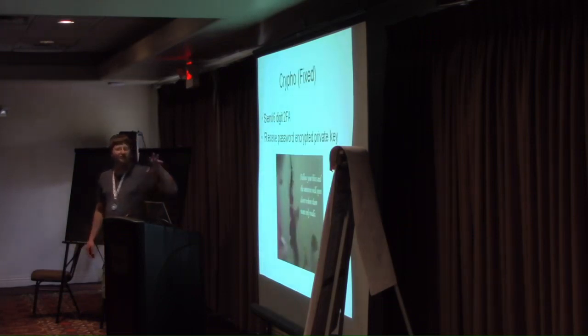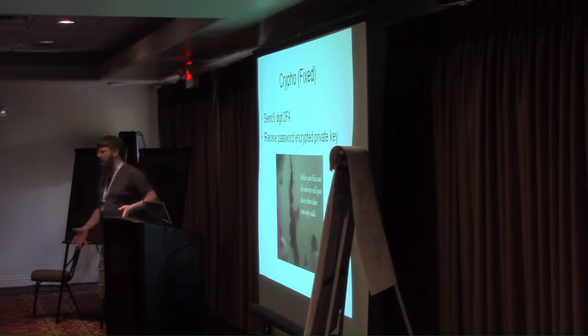So I'm going to go quickly over these, but these were just some of the things that I found. So Crypho, to get the password encrypted private key, all you needed was a 6-digit code, like a TOTP, I forgot.